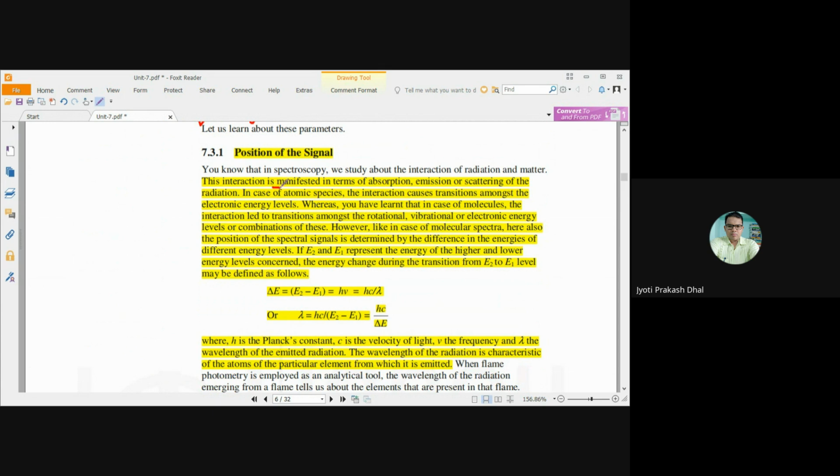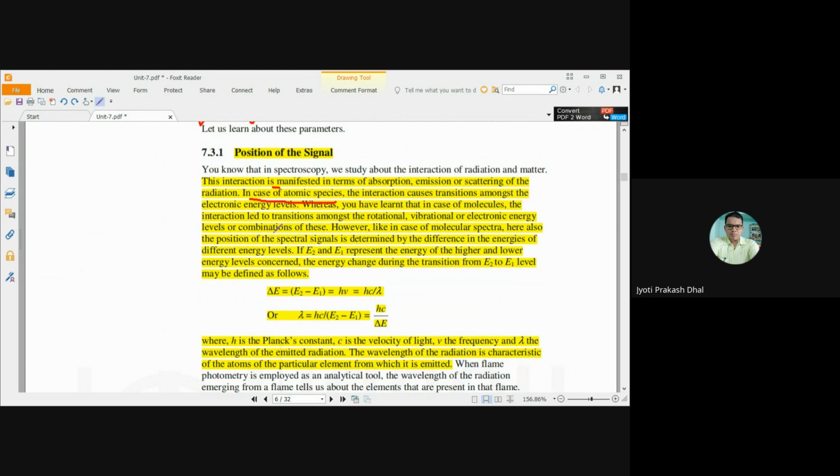The interaction in terms of absorption, emission or scattering of the radiation, in case of atomic species, causes transition among the different energy levels, only electronic energy levels, because as we have already discussed, for molecular species the interaction can cause transition in various rotational energy levels, various vibrational energy levels, and also various electronic energy levels.